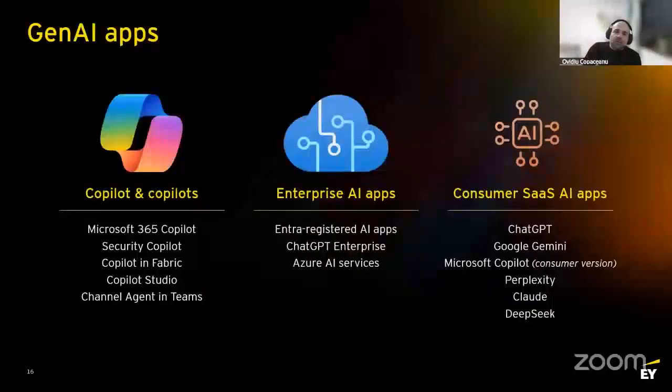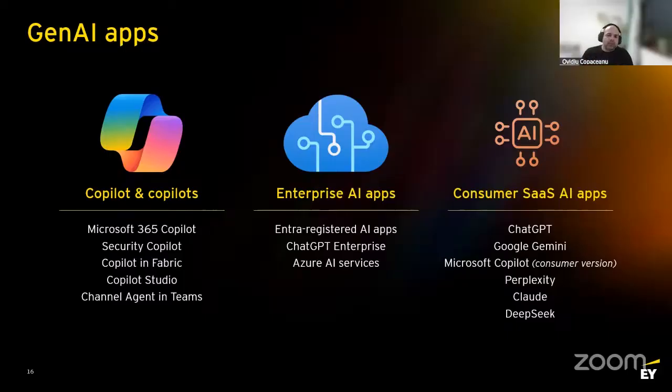Let's go very, very quick over what kind of Gen AI apps we have nowadays. So we have the copilots, right? We are seeing the copilot sign everywhere. A very powerful one is the Microsoft 365 Copilot, which is not included in the E5 license. It's a separate capability that users can leverage, for example, in PowerPoint, Outlook, Excel, and they are bringing, by default, two agents, the Researcher and the Analyst.